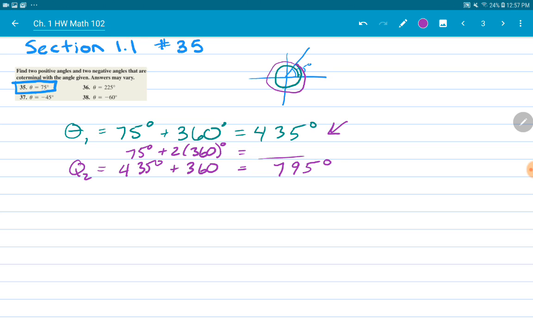And if I had plugged in this other way, I would also get 795. So two different ways to think about that second positive angle.